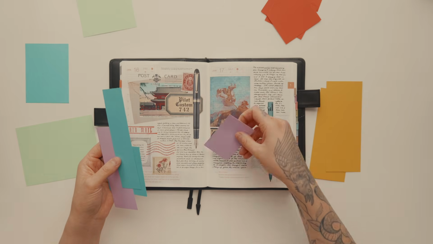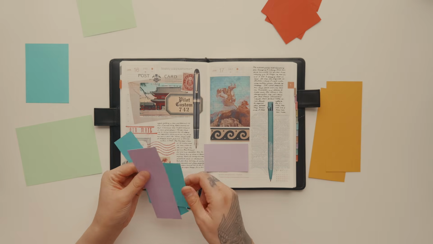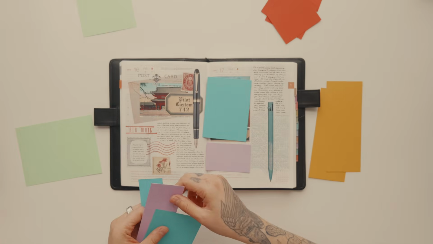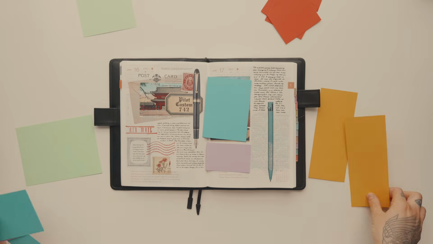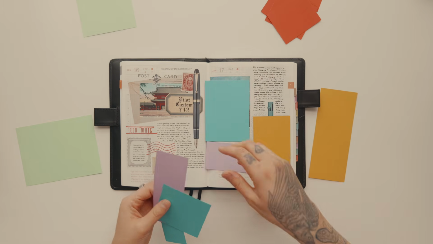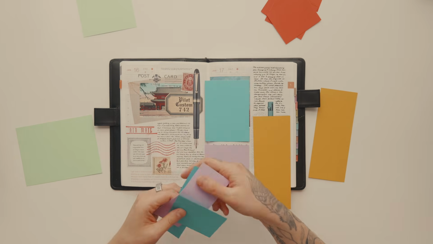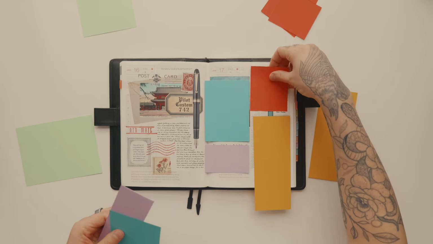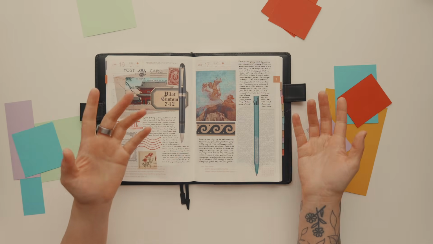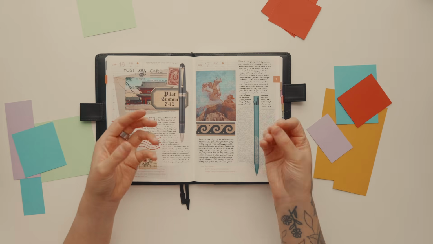This would be this, this. I don't have, let's see, this, and maybe that. Okay, so there we go. Here's another structure. Yeah, this is how I think about layout in its most basic form.